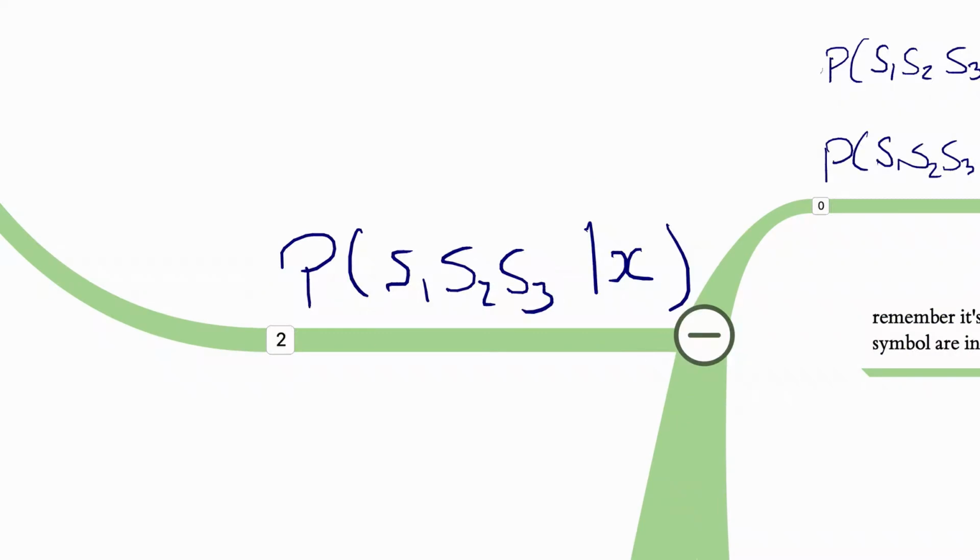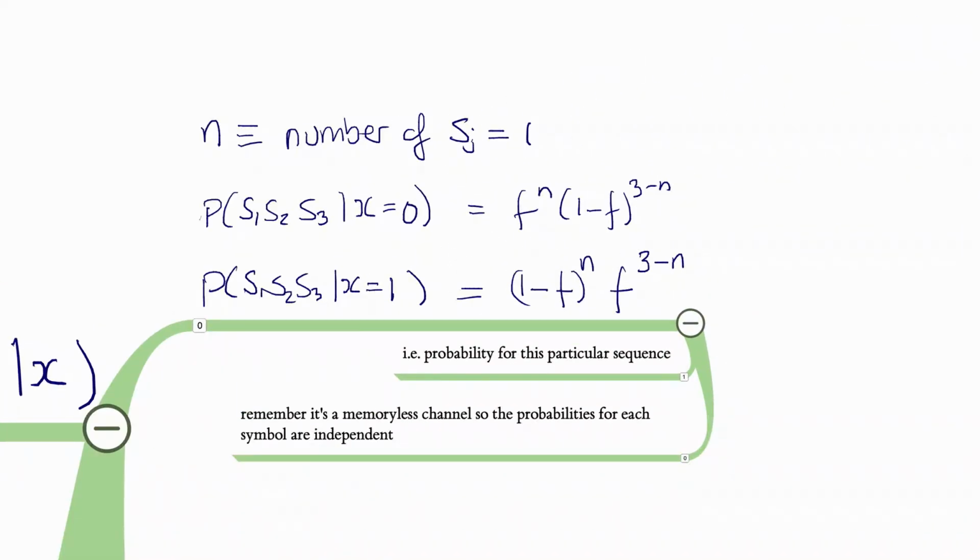The other major piece we need is the probability of the symbols given the value of the input. Since this is a memoryless channel, the probabilities of each symbol are independent, and so we can just count the number of ones we see.